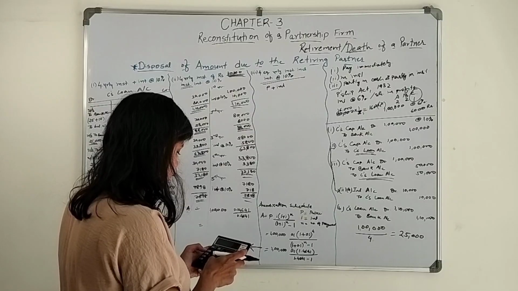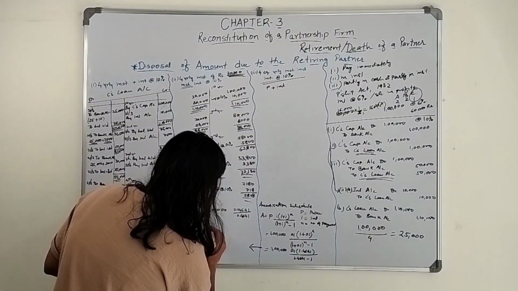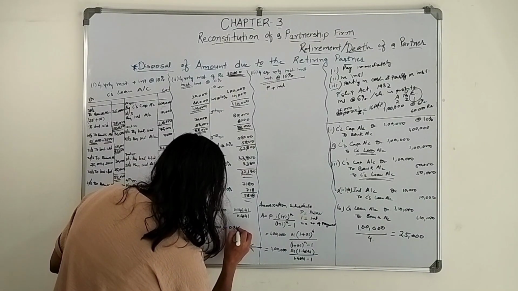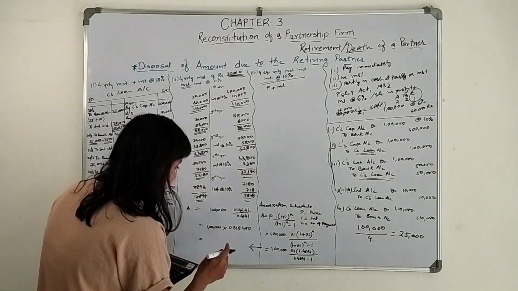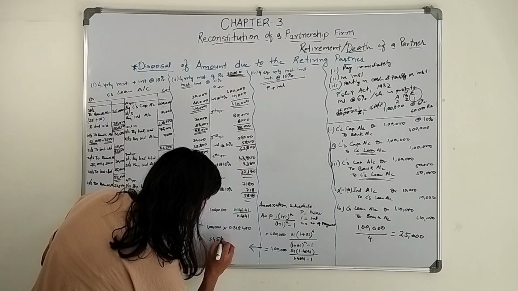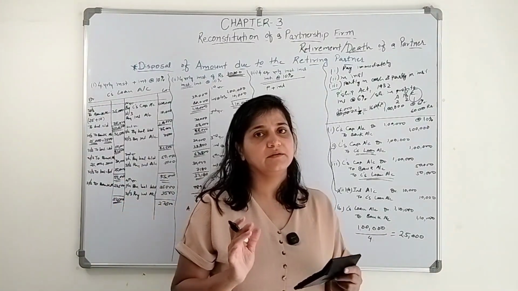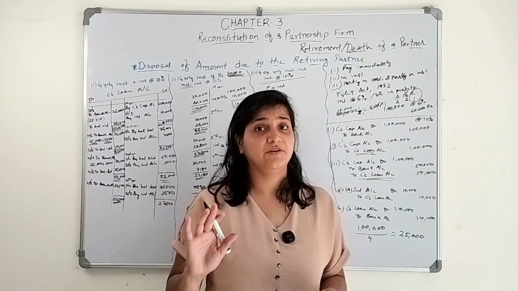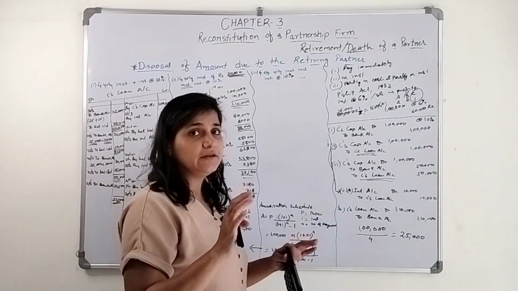Divided by 0.4641 equals, 1 lakh into 0.315470. We are taking the 6 digits after decimal. So this could be 31,547. This is the yearly installment we will pay to the retiring partner every year, 31,547.